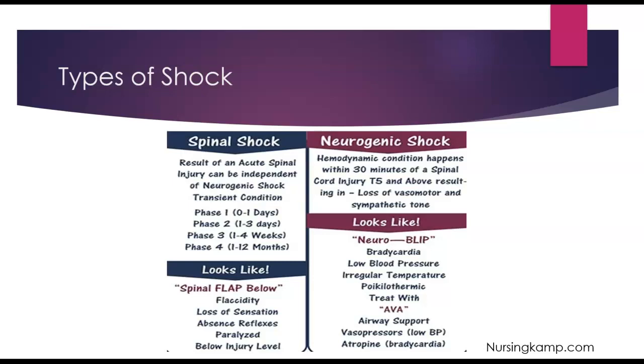Before we even worry about spinal shock or neurogenic shock, we really have to assess breathing patterns and auscultate the lungs, because we can see serious impairment to respiratory status, especially if there's an injury in that C3 to C5, because the cervical spinal cord innervates the diaphragm, so we can end up knocking out respirations.